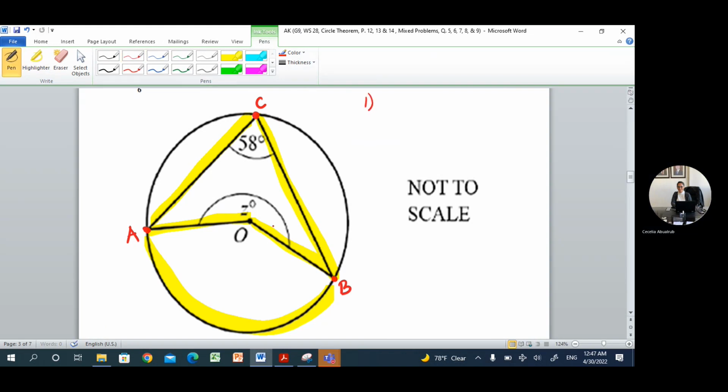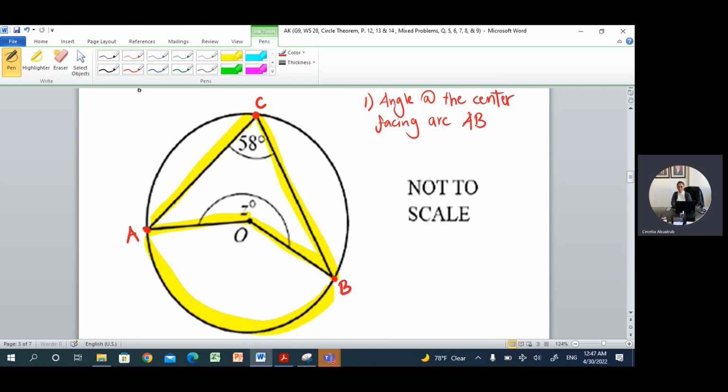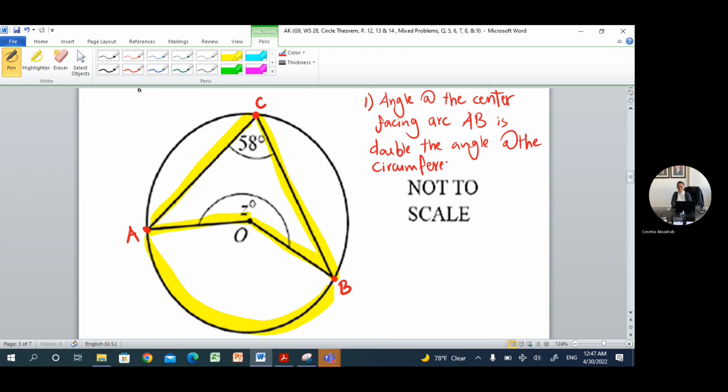So step number 1, angle at the center facing arc AB is double the angle at the circumference facing the exact same arc.